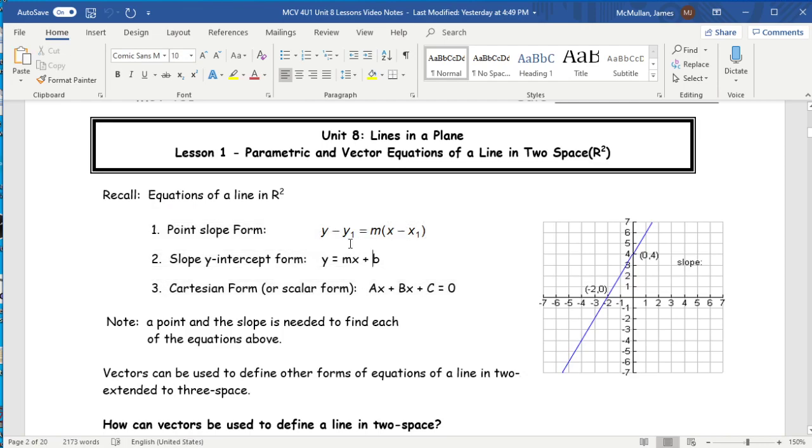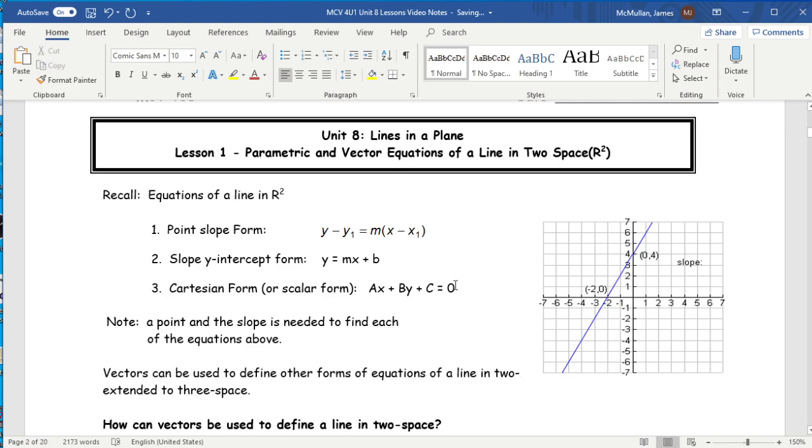You can do what's called point slope form: y minus the y value of a known point equals m times x minus the x value of a known point. The slope y-intercept form you're probably most familiar with, y equals mx plus b, and then the scalar form, or Cartesian form, standard form, ax plus by plus c equals 0.